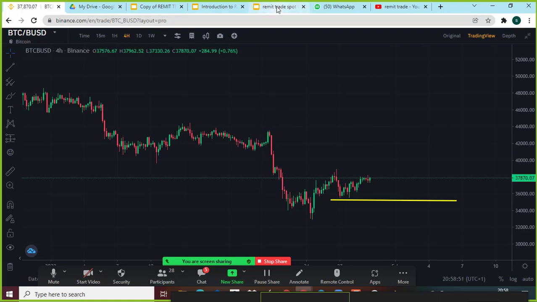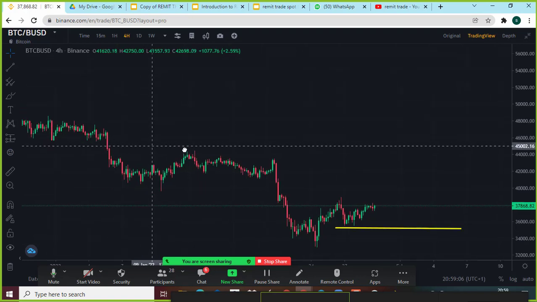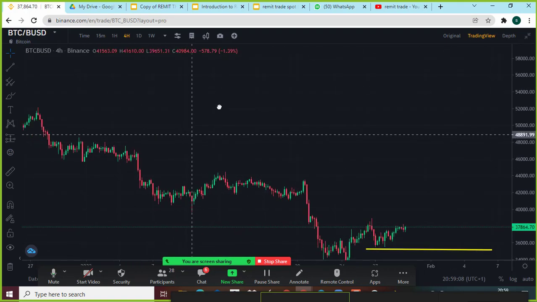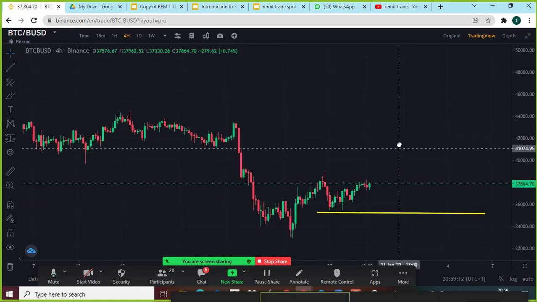All right, so let's move a little bit further into technical analysis. Now, technical analysis comprises three main things. Number one is your charts, your candlestick charts. This you're seeing here, your candlestick chart. That's technical analysis.